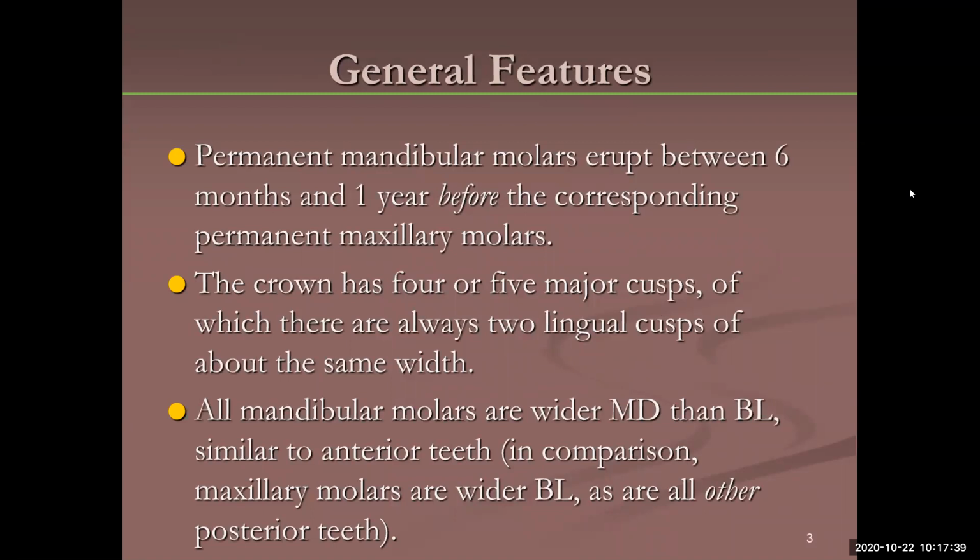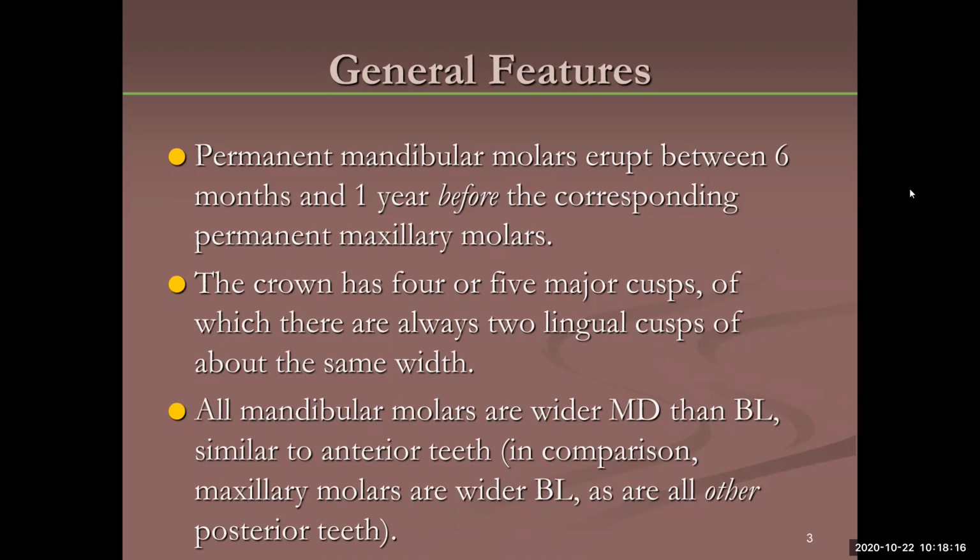Let's take a look at the general features of mandibular molars. Permanent mandibular molars erupt between 6 months and 1 year before the corresponding permanent maxillary molars. So that is one of those general characteristics, isn't it? The mandibular molars generally erupt before the maxillary molars. The crown of a mandibular molar has 4 or 5 major cusps, of which there are always 2 lingual cusps about the same width.